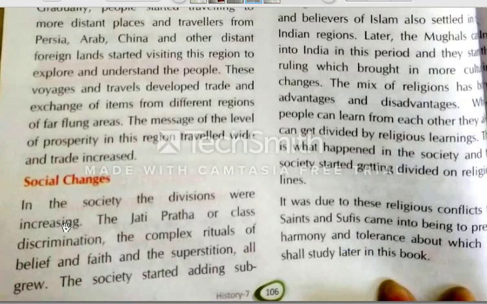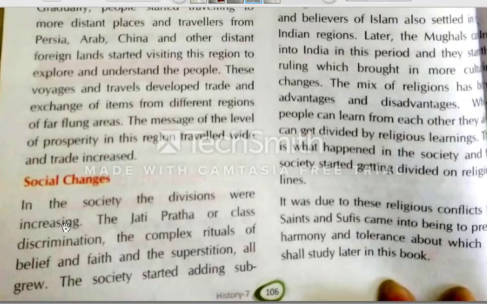They also started the trade, and by this they also developed. What is the meaning of prosperity? Prosperity means successful, success, welfare.